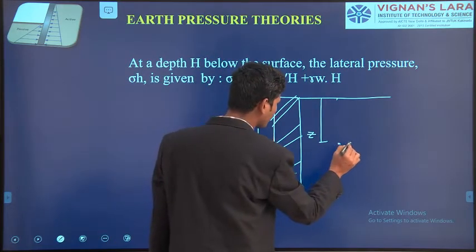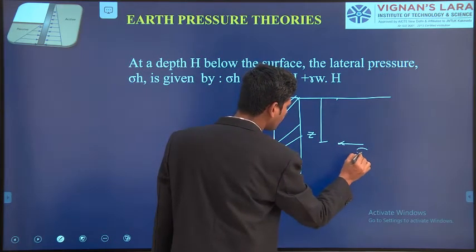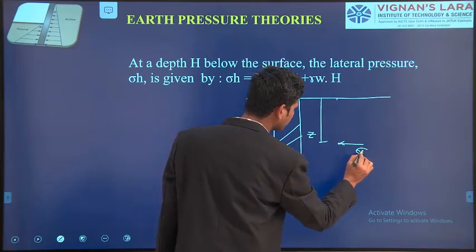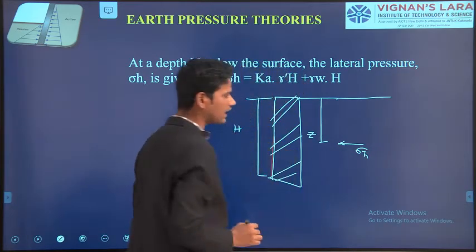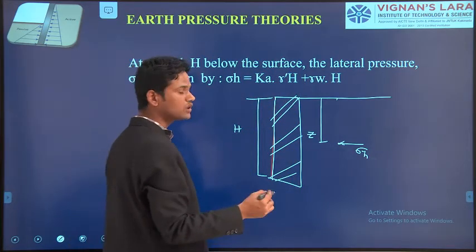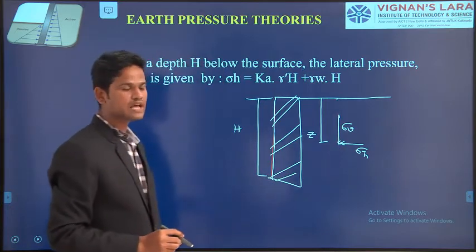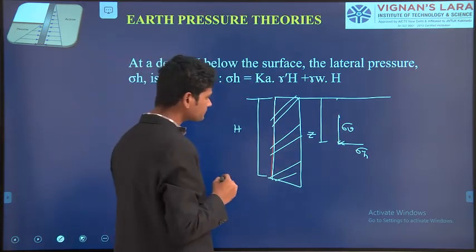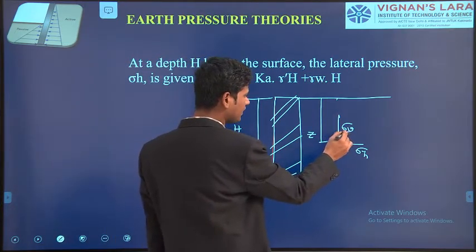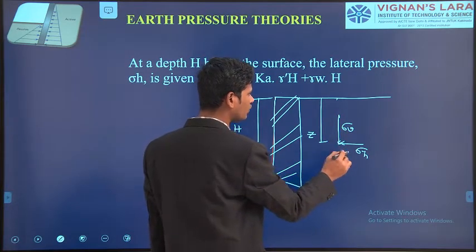At this particular point, how much horizontal pressure is acting? Again, this is the vertical pressure acting on the soil element. For this soil element, I want to calculate the vertical pressure and horizontal pressure.